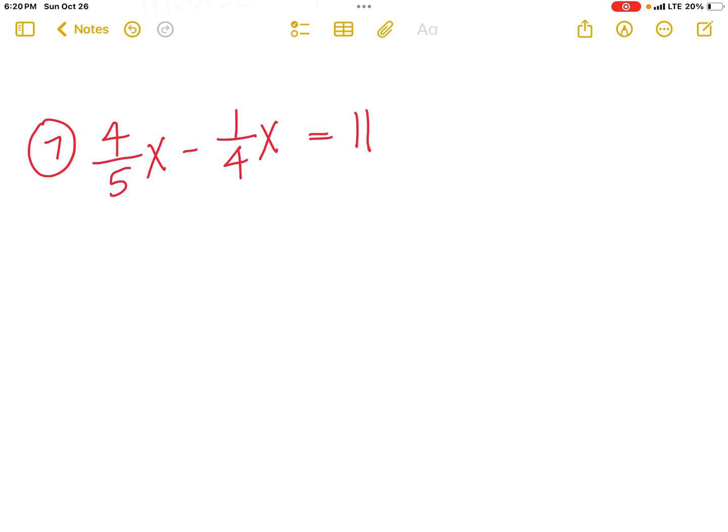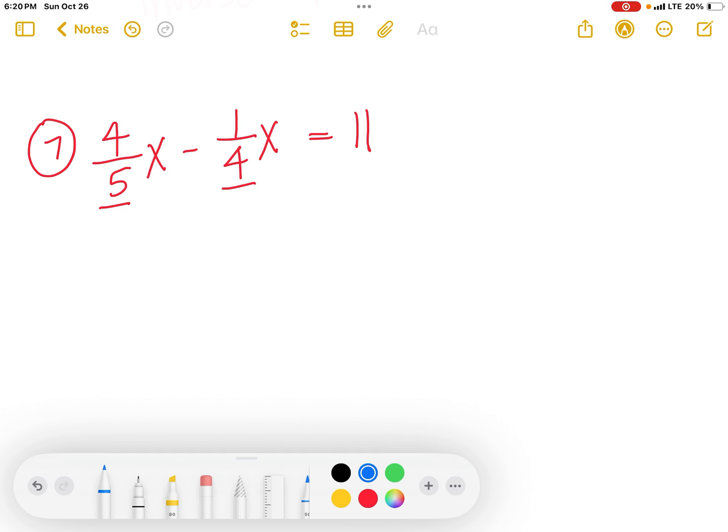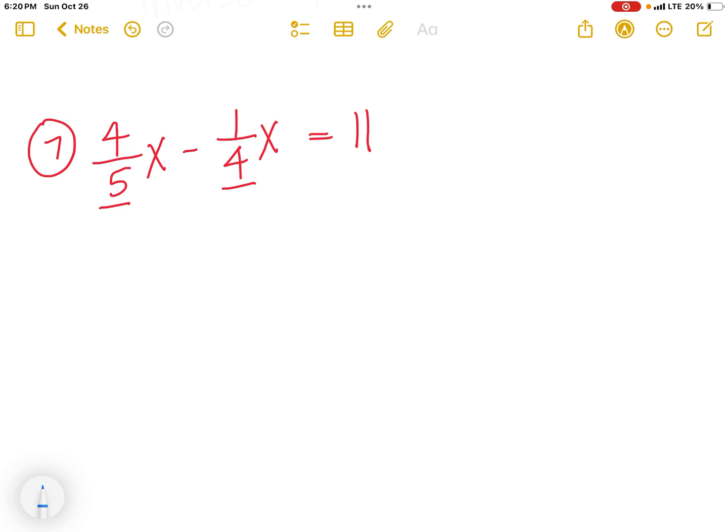So I'm going to subtract these two fractions, but first I need to have the same denominator. They do not. Okay, so I need to find their common denominator between 5 and 4, which is going to be 20. So what do I need to do to 5 to get to 20? I have 4/5.